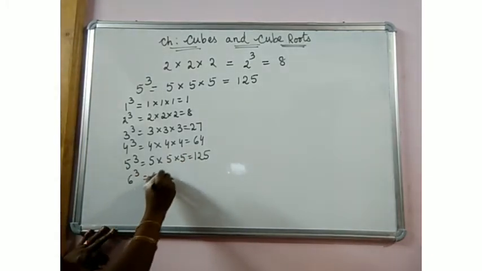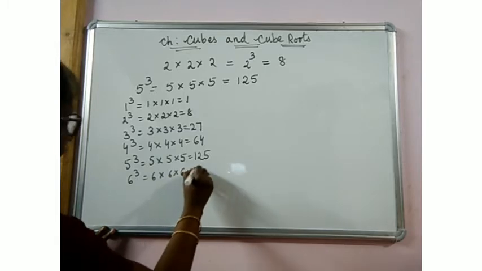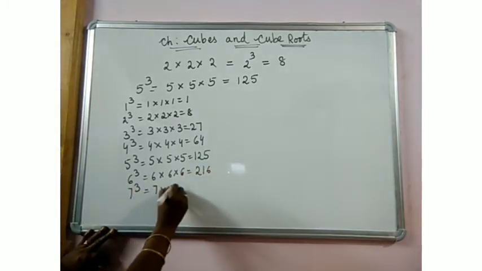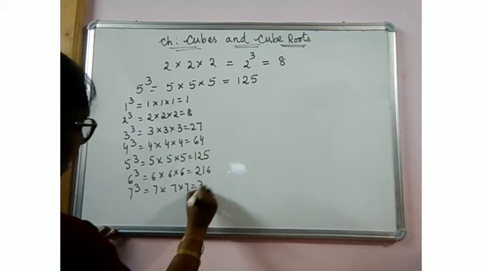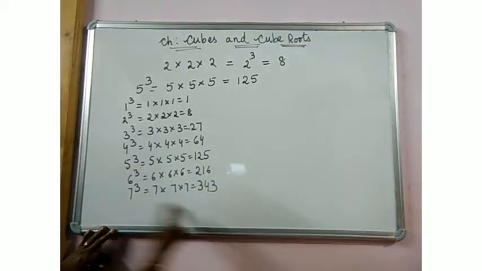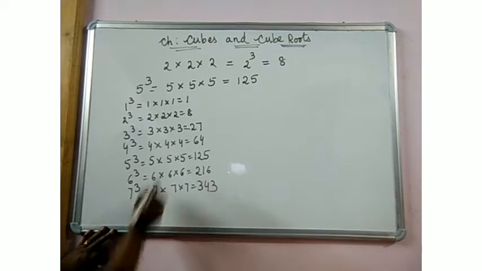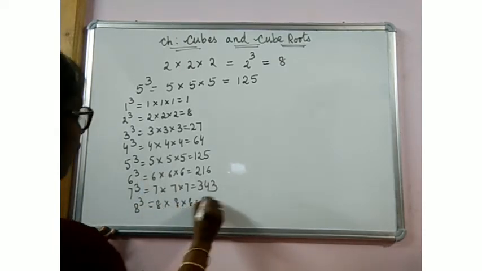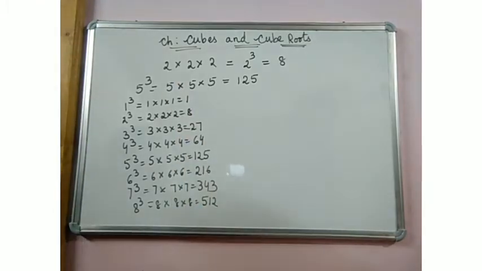6 cube is 6 multiplied 3 times, 216. 7 cube is 7 into 7 into 7, that is 343. 8 cube is equal to 8 into 8 into 8, you will get 512, and so on.